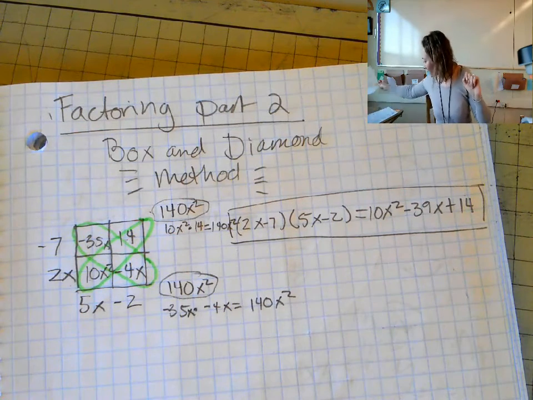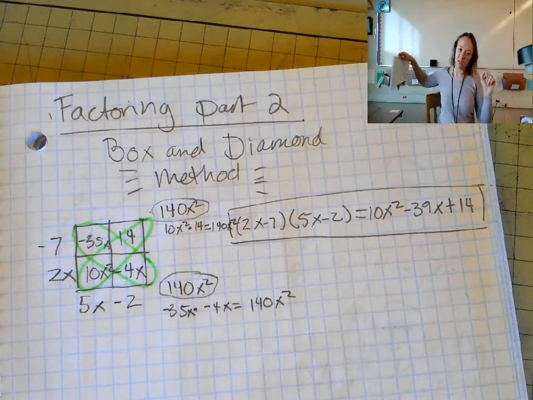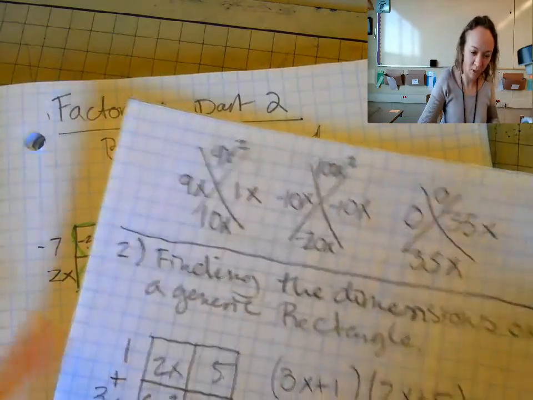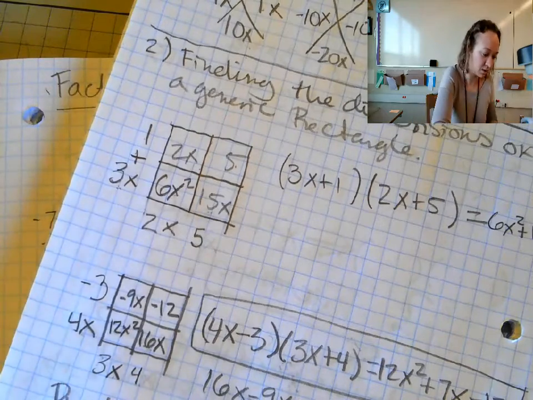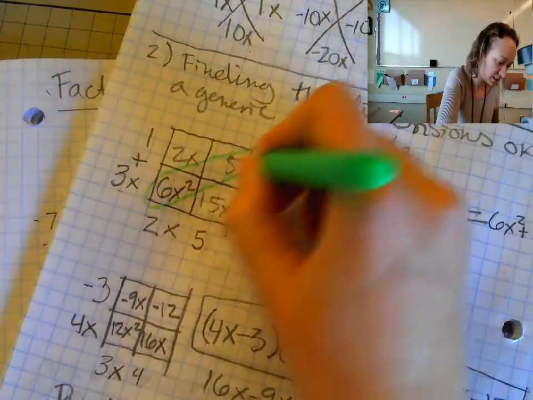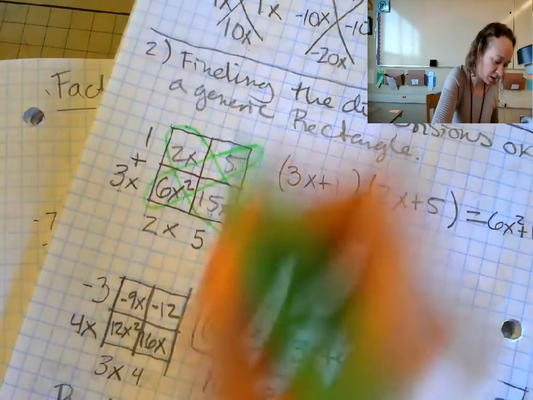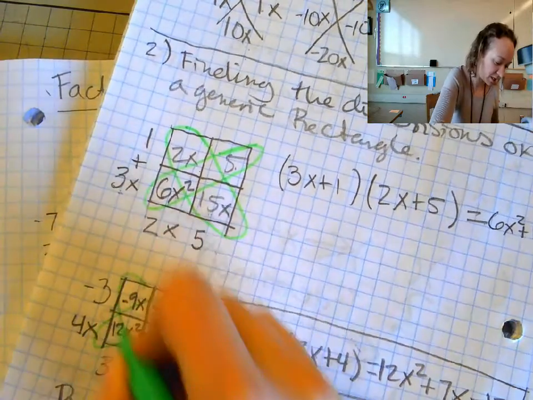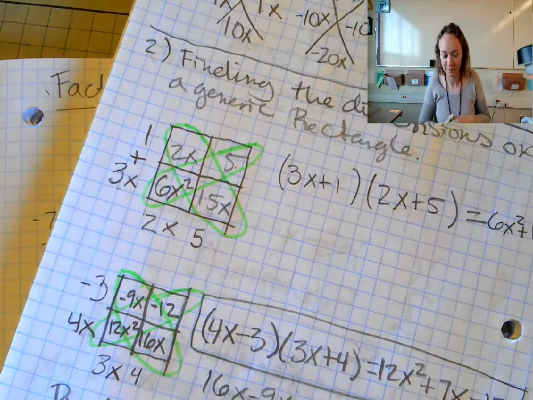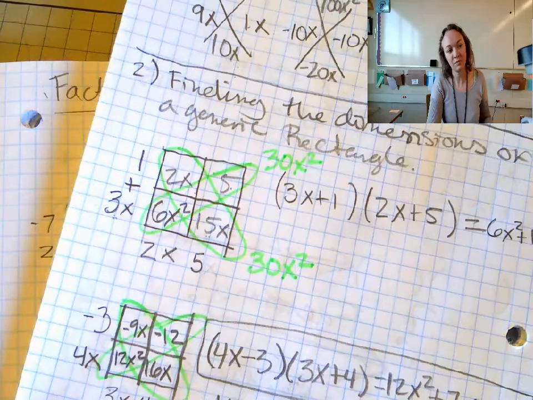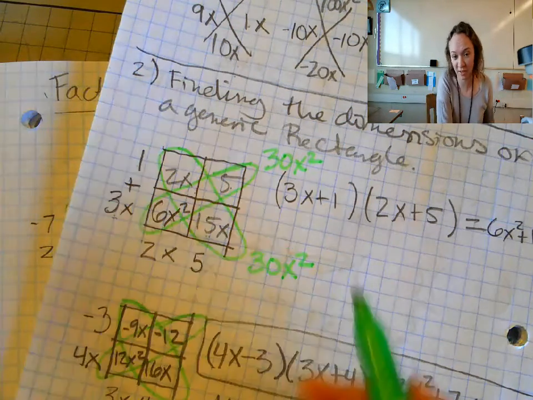So if you look at the notes from what we did in the last video, I want you to try it on those two examples we did. Test it out. What do you get when you multiply the diagonals with each other? Do it now. In the first one, you should have got 30x squared for both.